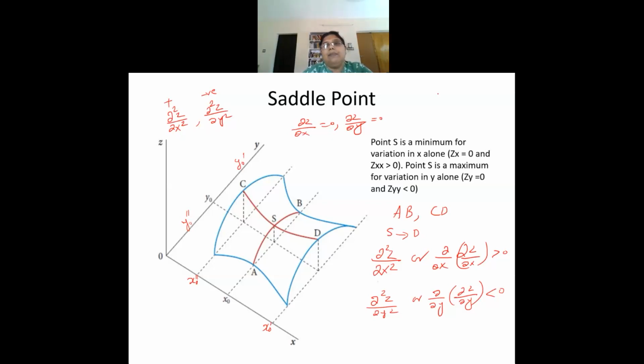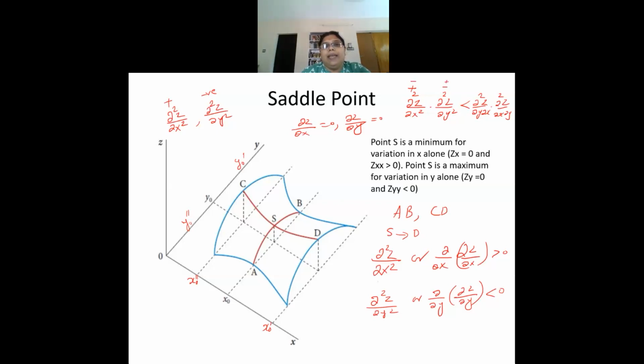When there is a saddle point, what you can observe is that the third condition is violated, that is, ∂²z/∂x² into ∂²z/∂y² will be less than ∂²z/∂y∂x into ∂²z/∂x∂y. Actually, this has to be greater than, isn't it? But this would be violated, and these would have different signs. If this is positive, then this becomes negative, or if this is negative, this becomes positive, right? That case is called a saddle point.